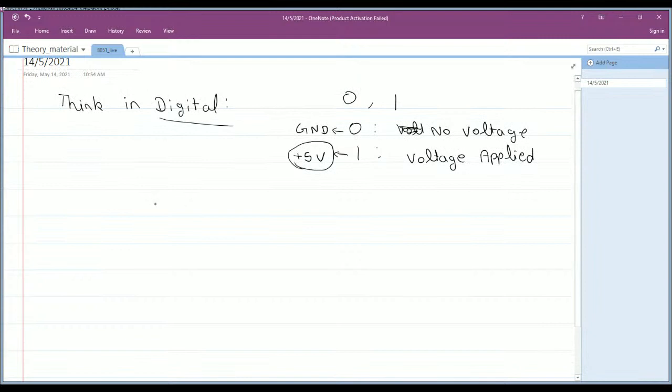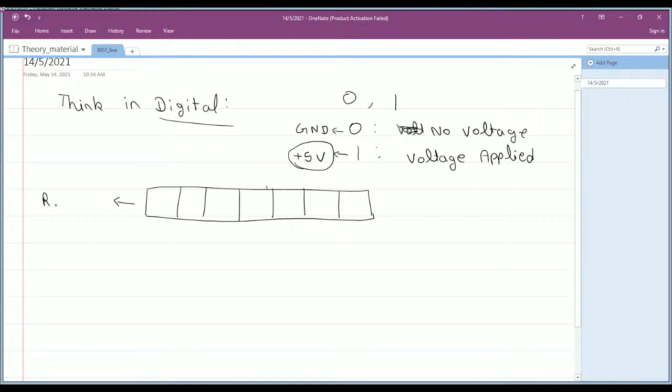Now one of the important things about these bits is the registers, or the memory locations, or I can say the combination of bits. Let's say I combine all these bits, and remember this is just for representation purposes. This collection of bits is known as the register.